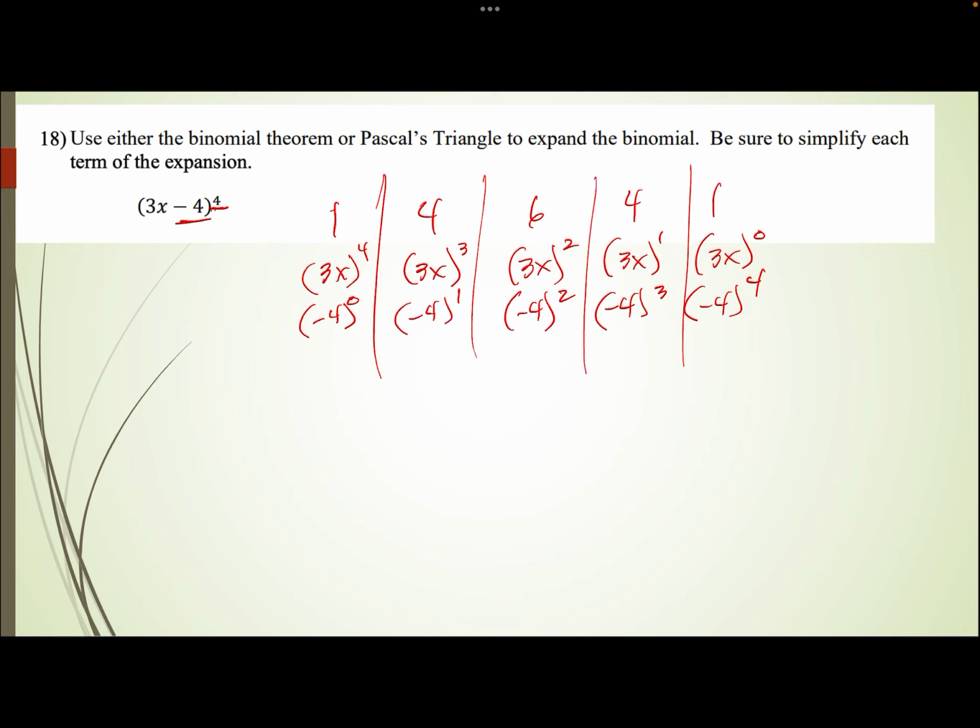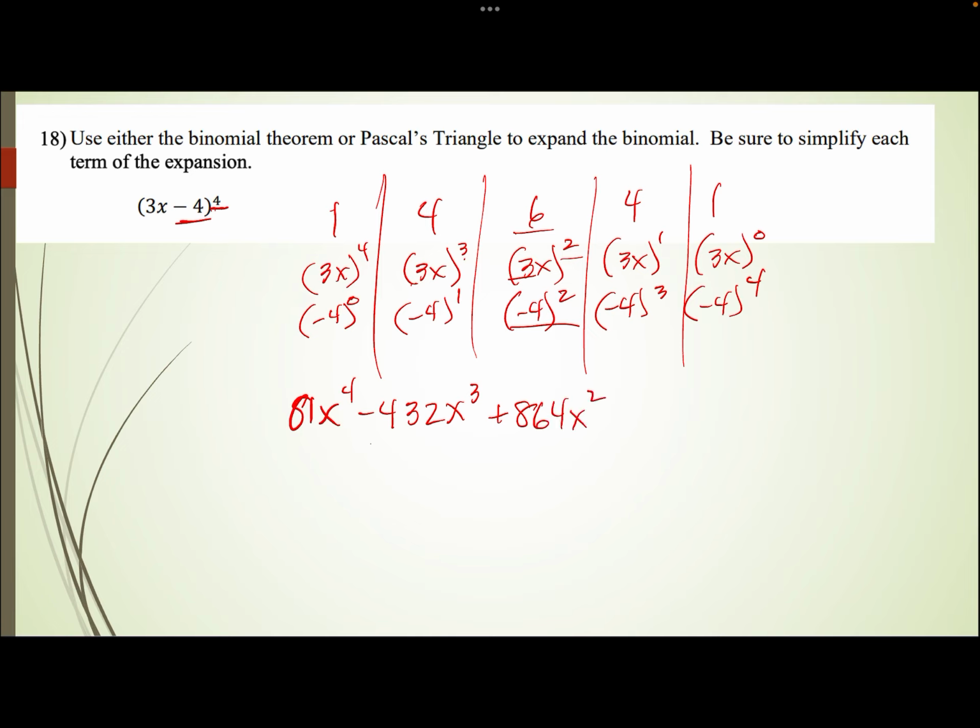So you pull out your calculator and you do 1 times 3 to the 4th times 1. That gives you 81x to the 4th. 4 times 3 cubed times negative 4 gives you negative 432x cubed. 6 times 3 squared times negative 4 squared gives you 864x squared.